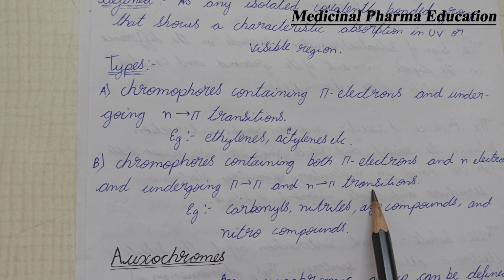And next one is the auxochromes. Sorry for mispronunciation, I don't know how to pronounce it, so I pronounce it auxochromes. You can search in Google. An auxochrome group can be defined as a group which does not itself act as a chromophore, but whose presence shifts the absorption band towards the red end of the spectrum, longer wavelength.